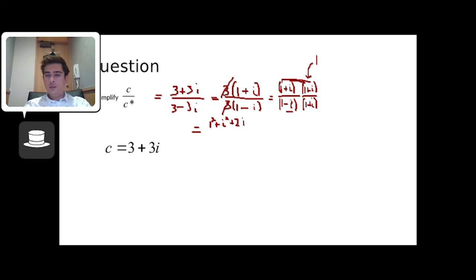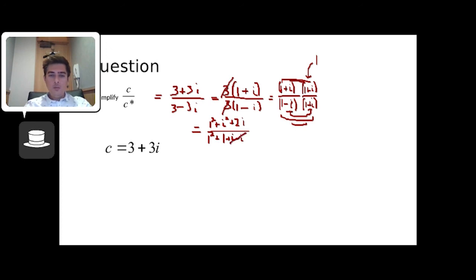And then the denominator, we can just go through. 1 times 1 is 1 squared, and the cross term minus i times plus i is actually also equal to 1. The two cross terms are plus i and minus i, so of course the i's all cancel out, which is good.